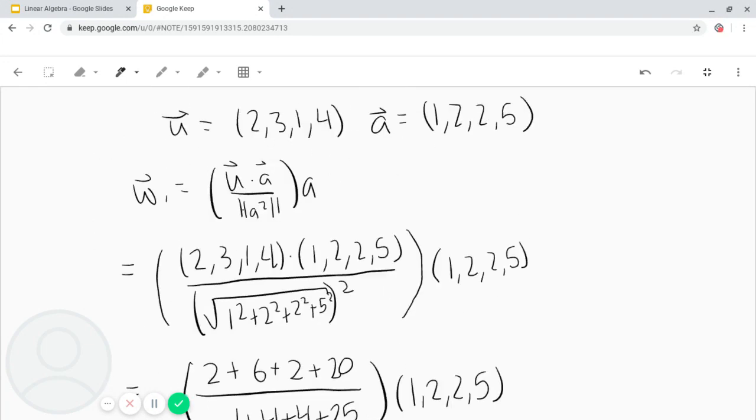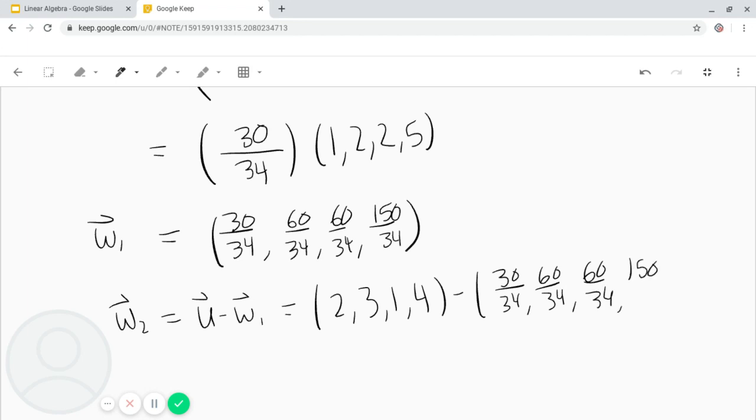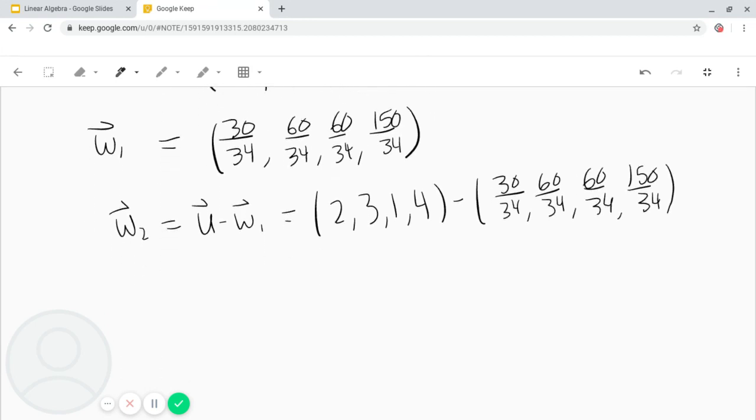So U being (2, 3, 1, 4) minus W1. I'm not going to do the math, but it would be fairly simple to do that. So you can then find W1 and W2, and that is how you find the projection of U onto A.